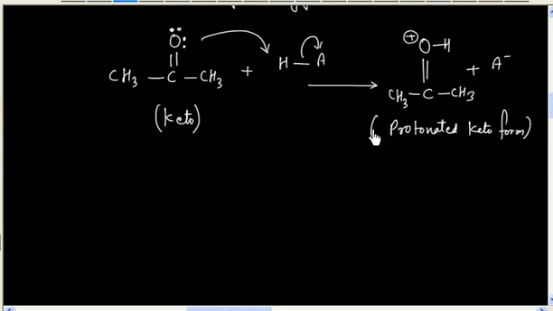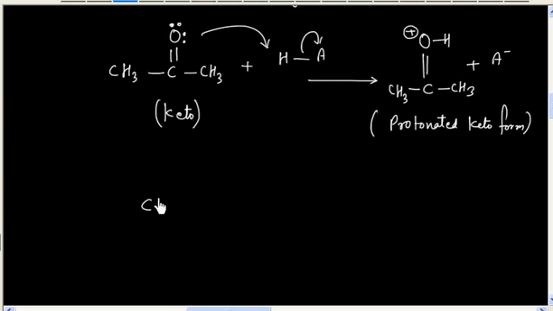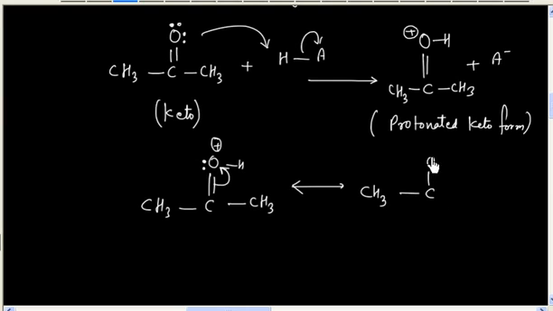Basically, protonated keto form will have another resonating structure. So there are two resonating structures possible for protonated keto form.